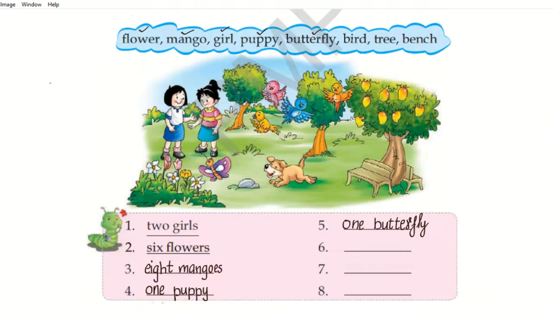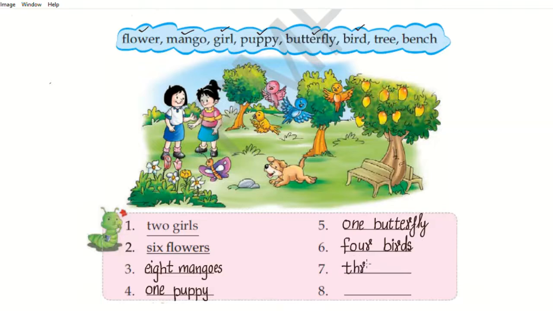Next word is bird. Let's count number of birds in the picture. 1, 2, 3, 4. 4 birds. Let's write at number 6. 4 birds. Next word is tree.